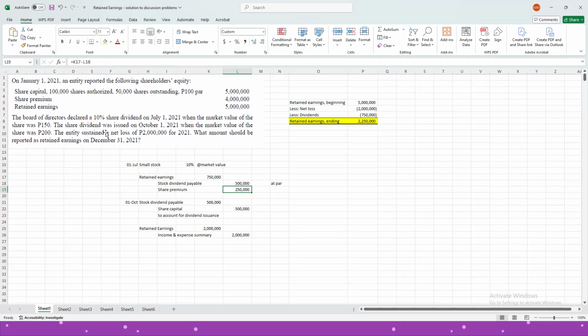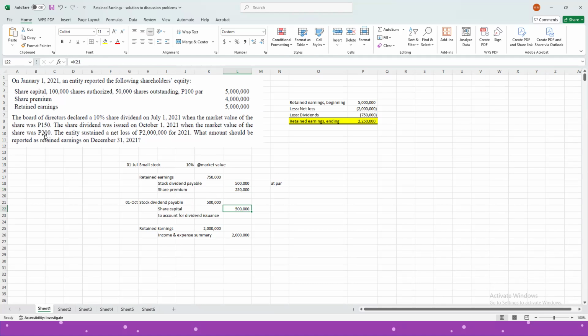So come October 1, 2021, ito na yung issuance. So stock dividend payable, that's 500,000. Share capital will also be at par, so that's 500,000.